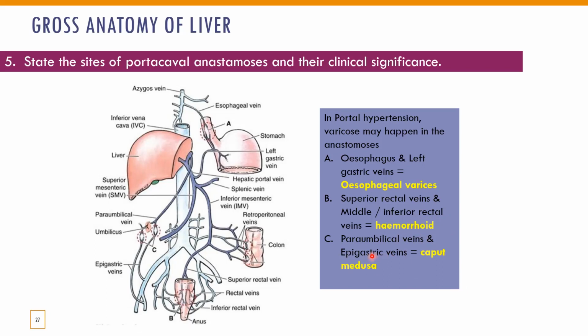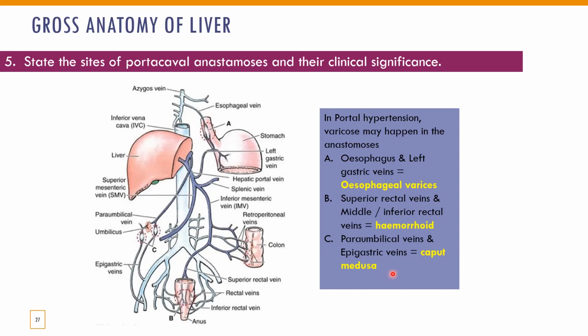And then the paraumbilical veins and epigastric veins, which will cause caput medusae, where you can actually see the dilatation of the veins. This usually happens in a person with abdominal distension, where the veins surrounding the umbilicus are dilated, enlarged, and tortuous.